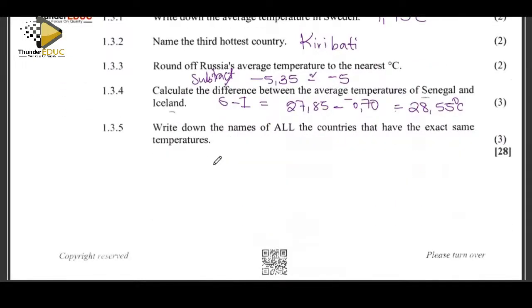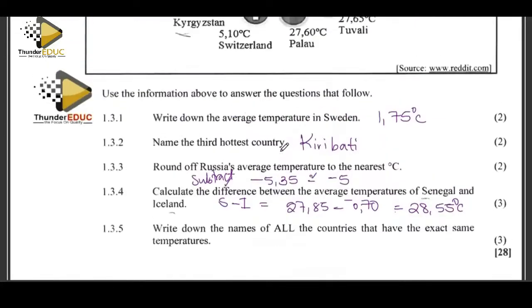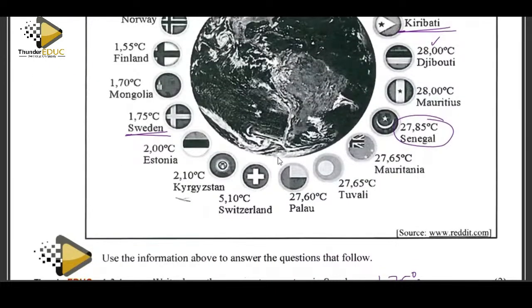Write down the names of all countries that have the exact same temperature. So when you look here, this has the same as this one. So you have to write this, you have to write that. When you come down here, you look at that and this.